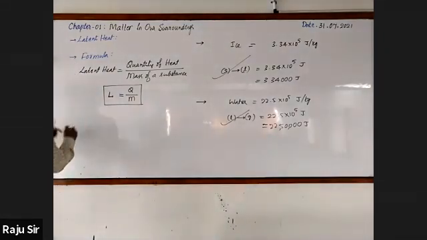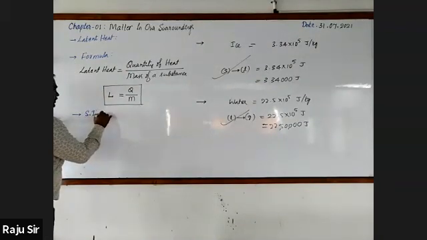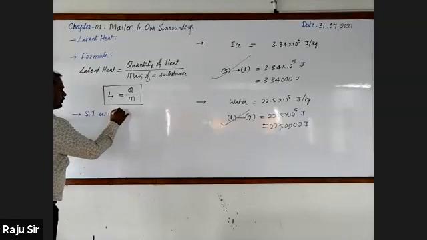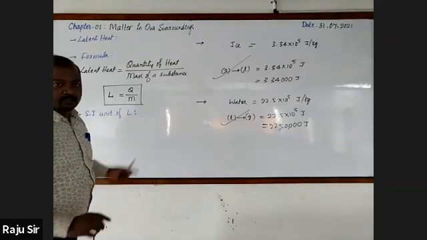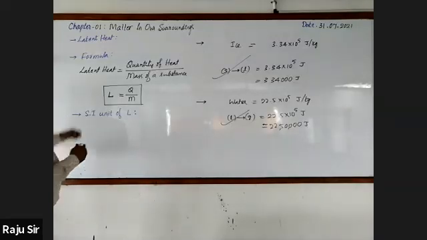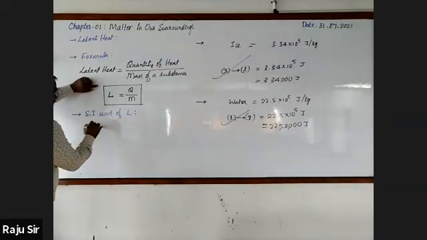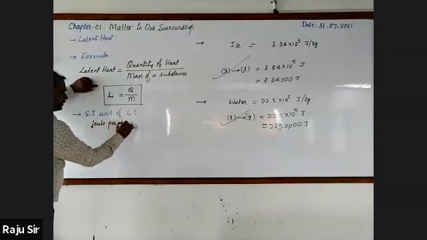Next, the SI unit of latent heat is joule per kilogram.